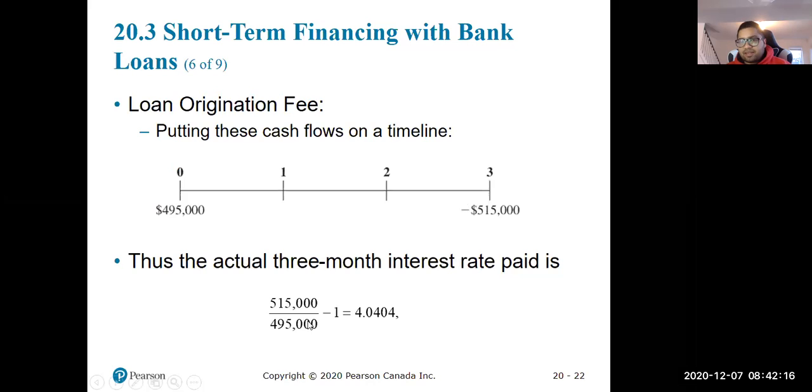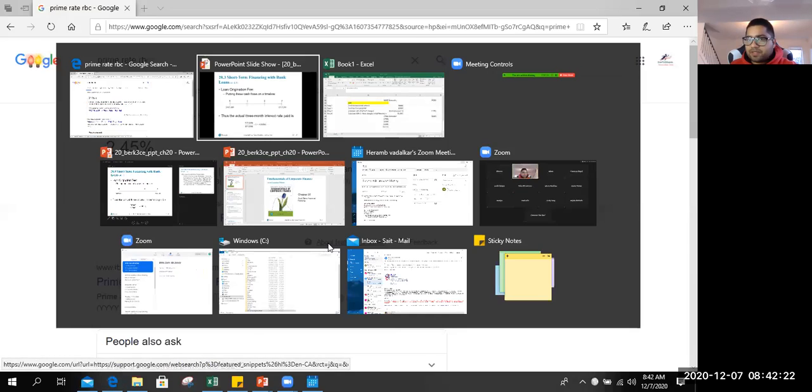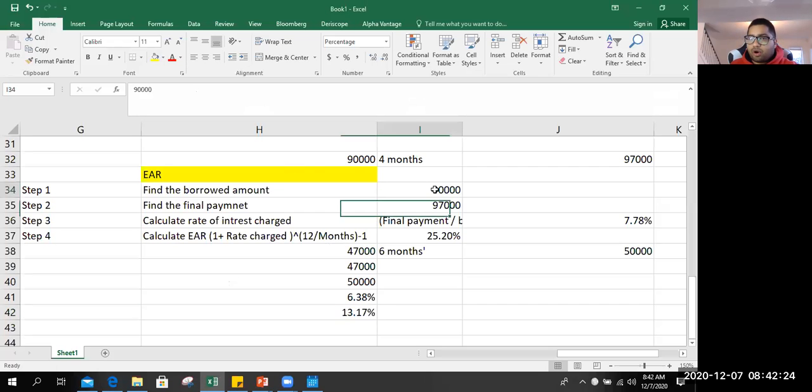So they are calculating the effective annual rate. The steps that we used: borrowed amount is 495, paid amount is 515, and we are going to calculate the effective interest rate.